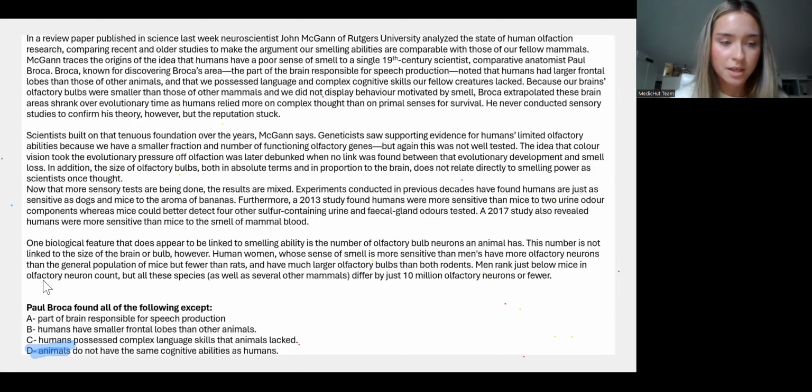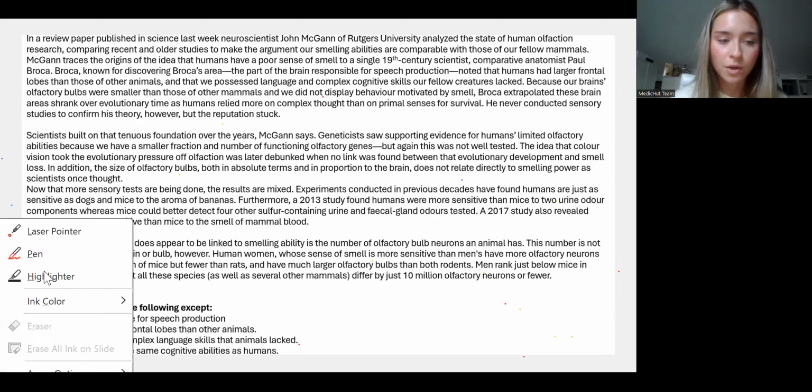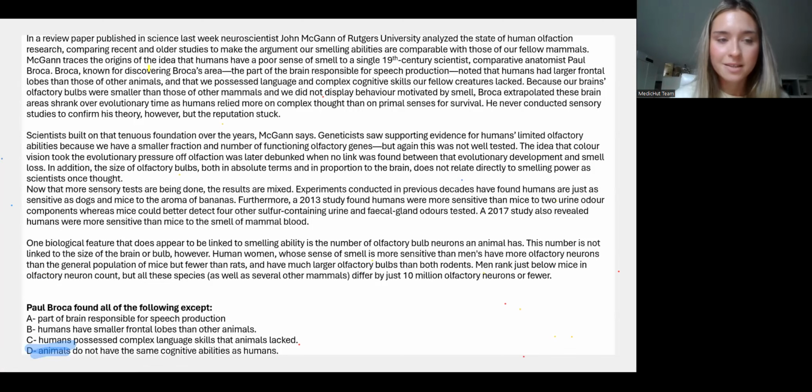So the question is asking us, Paul Broca found all of the following except, and it says here that Broca, known for discovering Broca's area, the main part of the brain responsible for speech production, noted that humans had larger frontal lobes than those of other animals. And B says that humans have smaller frontal lobes than those of other animals, and therefore we know that that is something that he didn't find because it's the opposite of what is stated in the text.